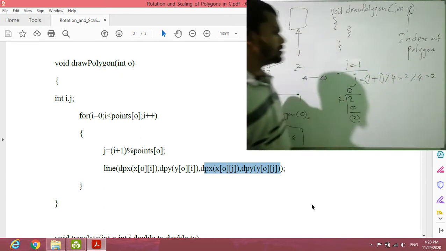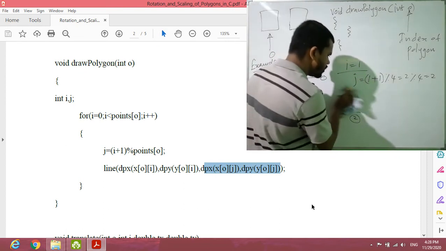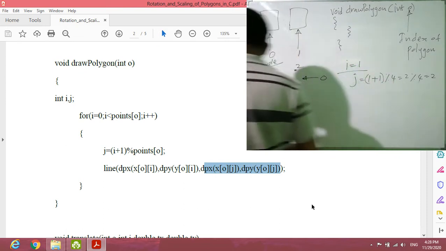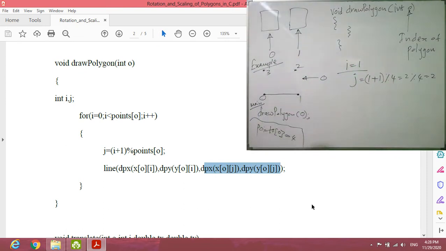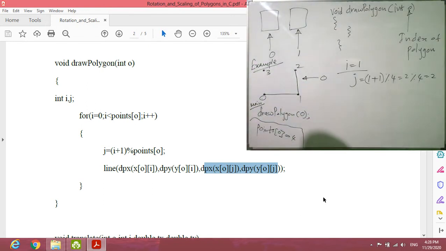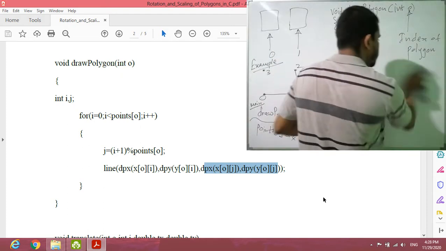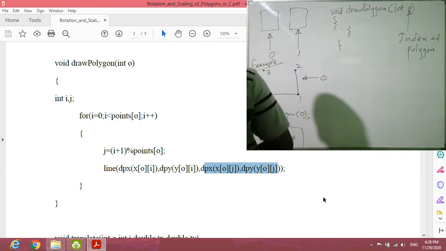So this one is 2. Now in the line function i is 1 and j is 2, so we draw this particular line segment.